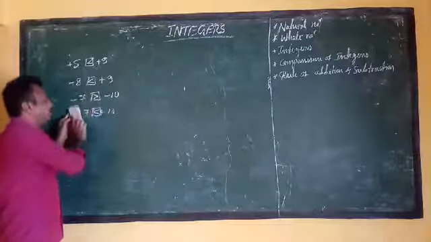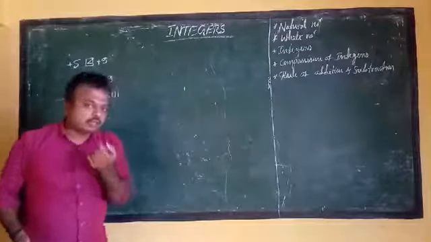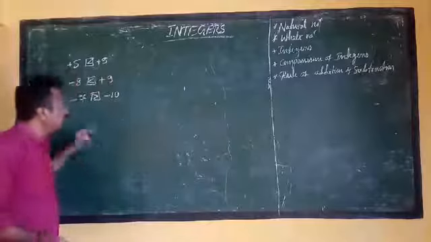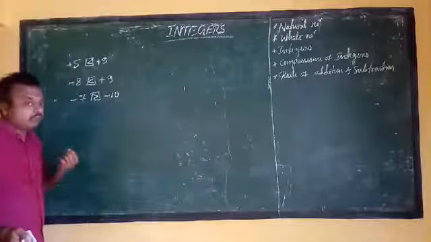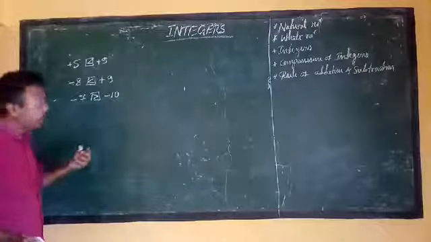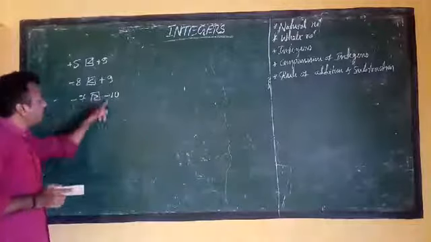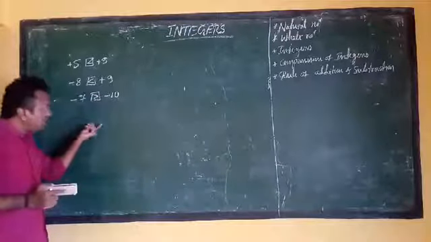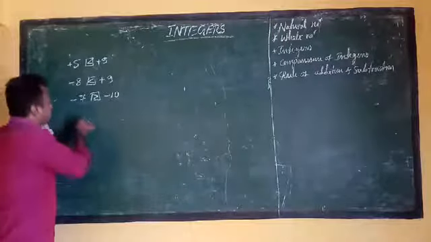That's why when two negative integers are given, first remove the negative signs, find which positive integer is greater and which is smaller, put the symbol, then put the negative on both sides and the symbol becomes reversed. Got it?